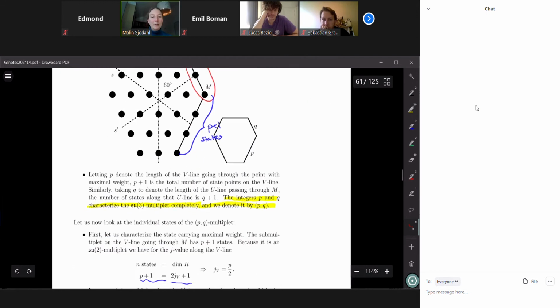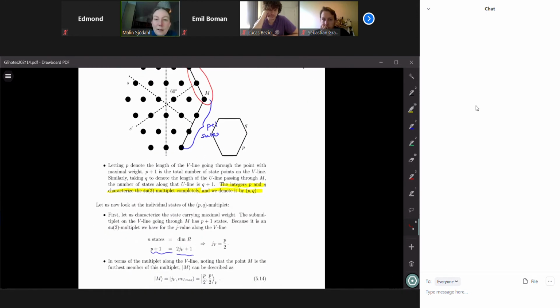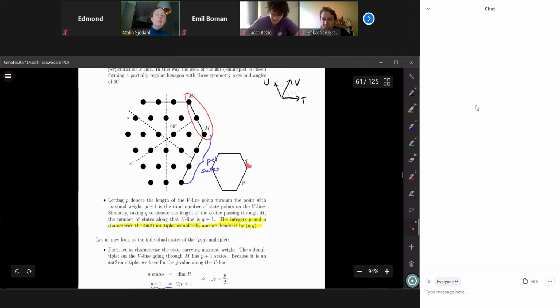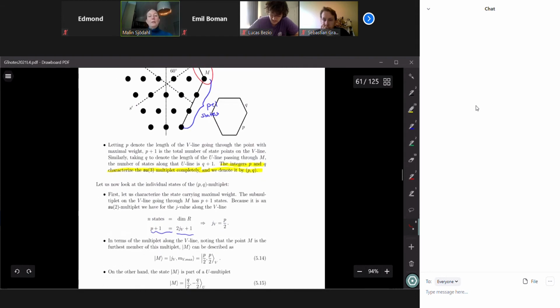So if we have length p here, then we have p plus 1 states here. We have p spaces here and one more state. And similarly, if we have length q here, we have q plus 1 states here. So we can relate the shape of the multiplet to the number of states along these directions.